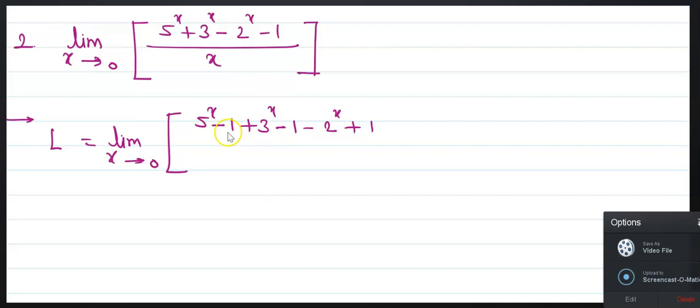This minus 1 is extra there. Now this minus 1 is balanced by this plus 1, and originally this is our minus 1 and it is as it is here.